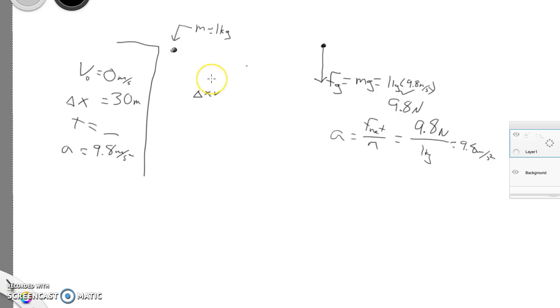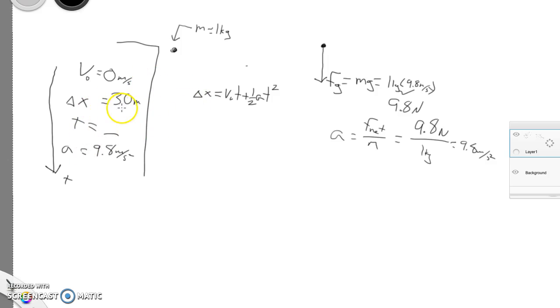So delta x equals v naught t plus 1/2 a t squared. We're going to say that the direction down, we'll call that positive.